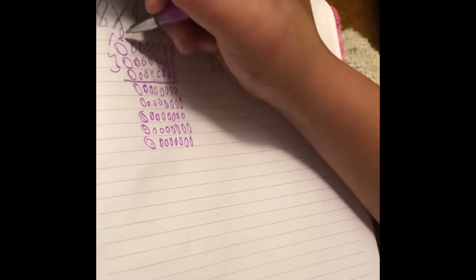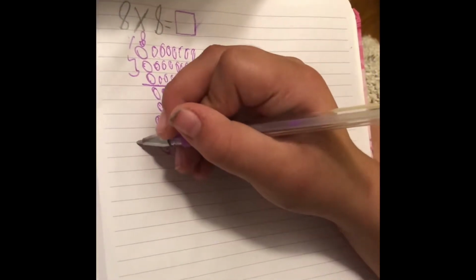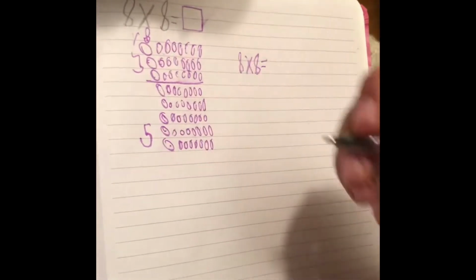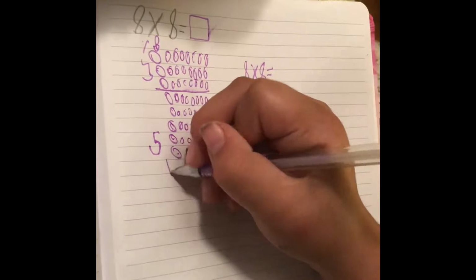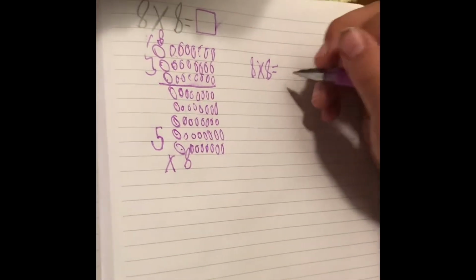So we're going to separate like that. And it's going to be 3 times 8. That's so cool. And 5. Oh, you write your 5 so weird. I know. Times 8. That's so cool. It's like the box kind of.